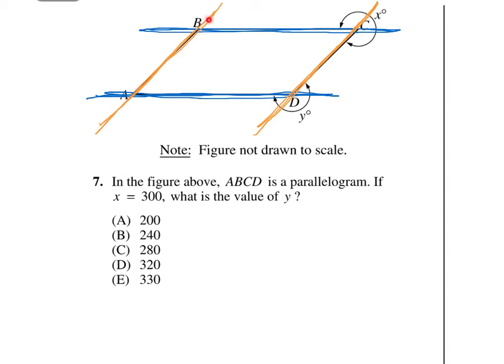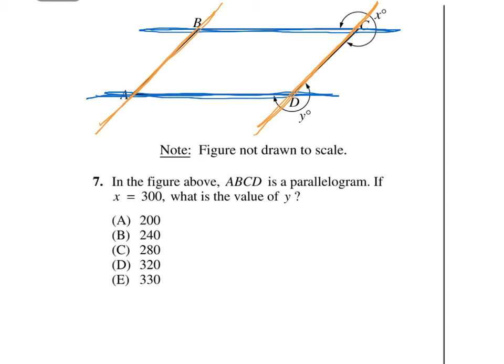Alternatively, we can think about the orange lines as being parallel, and they're cut by transversals, depending on what we're asked. In this particular problem, it's going to be useful to treat the blue lines as the parallel lines and the orange line as the transversal.